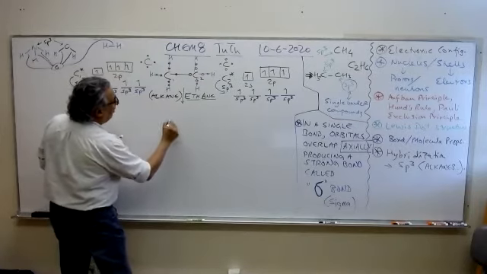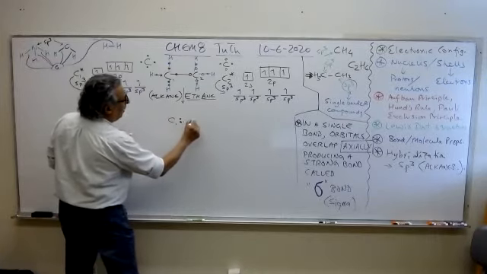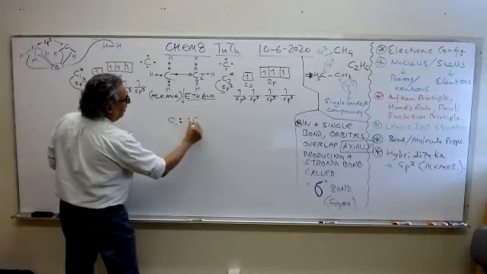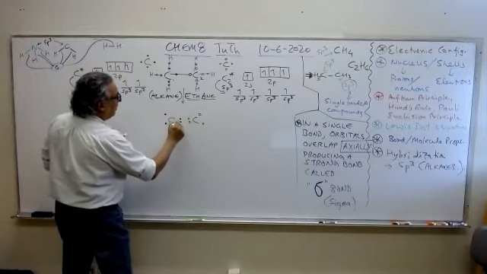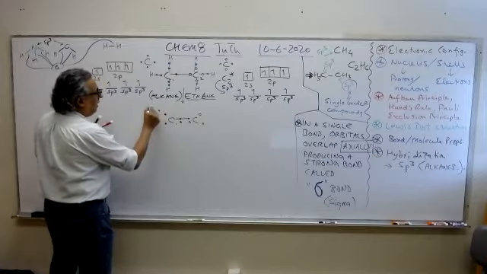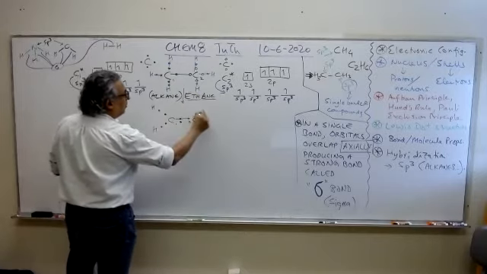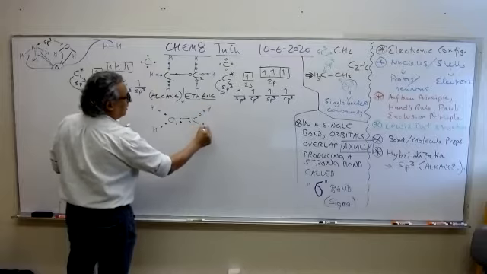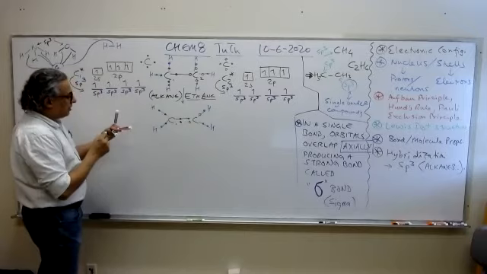Now, this molecule, carbon 1 and carbon 2, will now have a double bond between them. We have discussed it a little bit. And in order for it to happen, the species had to lose a couple of hydrogens.